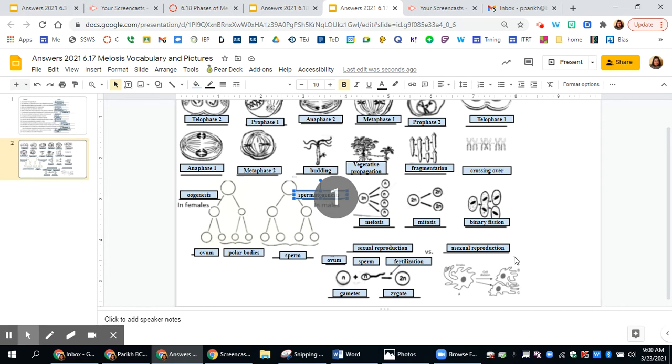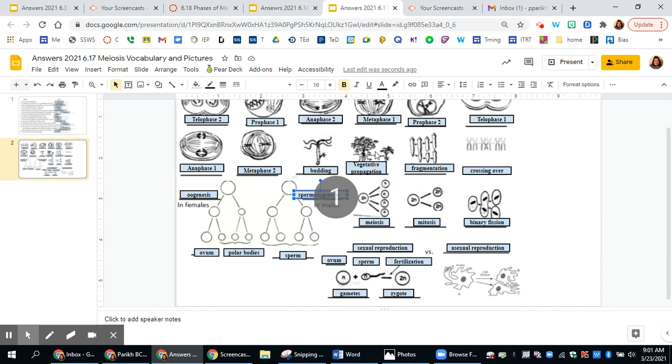And this is in contrast to asexual reproduction, where only one parent contributes the DNA. And that's basically what mitosis is a part of. And there's different types of asexual reproduction. There's fragmentation. So like if a flatworm gets cut in half, each of its parts can actually grow into a new flatworm.